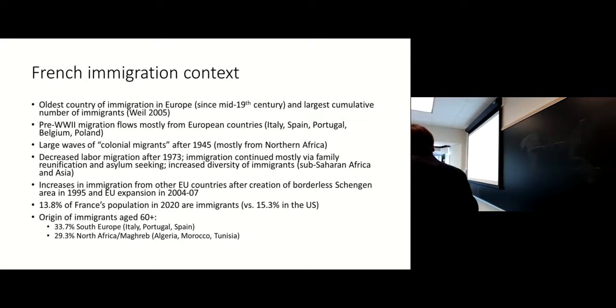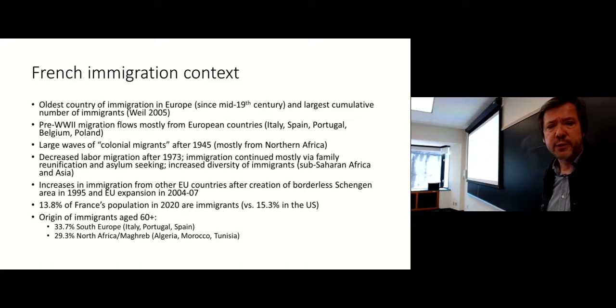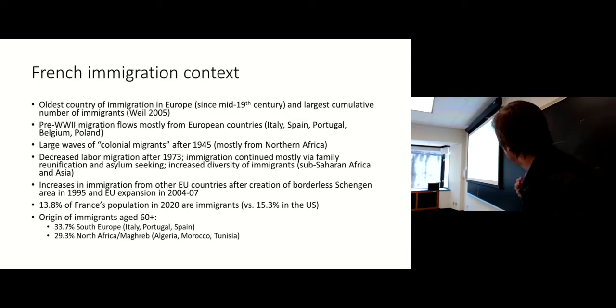And so lots of colonial migrants after 1945. Then we have a decrease in labor migration after 1973, not like in the US actually. But immigration continued mostly via family reunification, asylum seeking, and we're also observing an increased diversity of immigrants with new flows from sub-Saharan Africa and Asia.